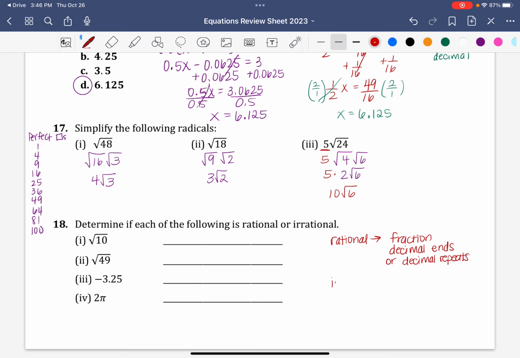For irrational, it can't be a fraction of integers. So that means that the decimal never ends and never repeats. So we also say non-terminating, non-repeating decimal.